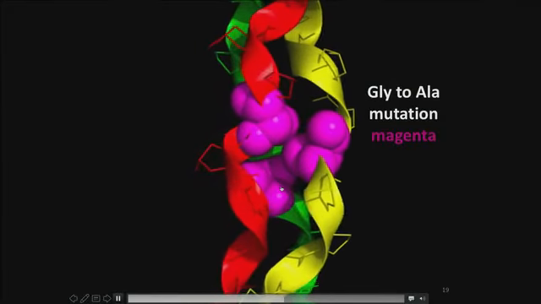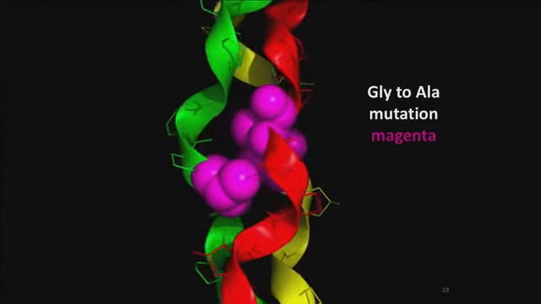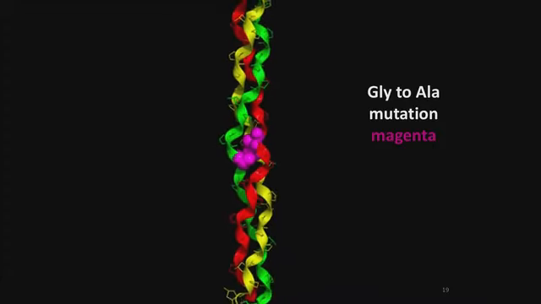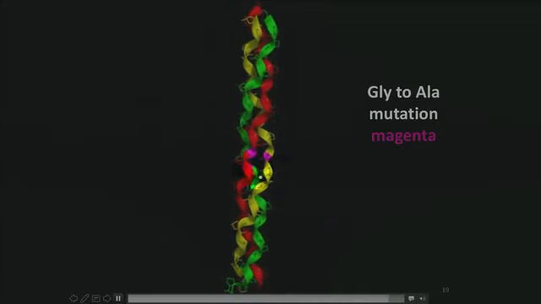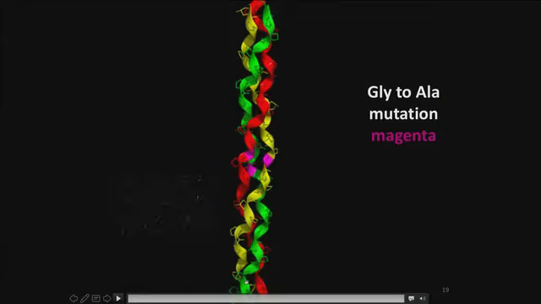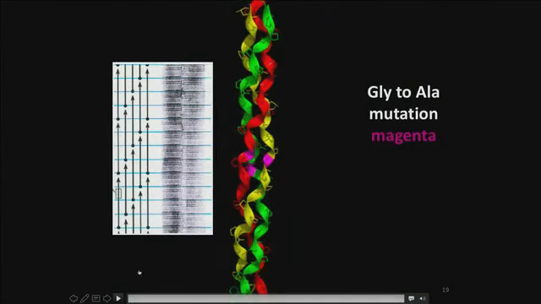And that bulges out that fibrillar structure and makes it not as compact and beautiful as it should be in the version that's got the glycine there. So if you look at it, you can even see that helix gets bulged out and is not as well aligned as the rest of the structure. And then that defect gets propagated into all the fibrils and results in the weakening of the bones.